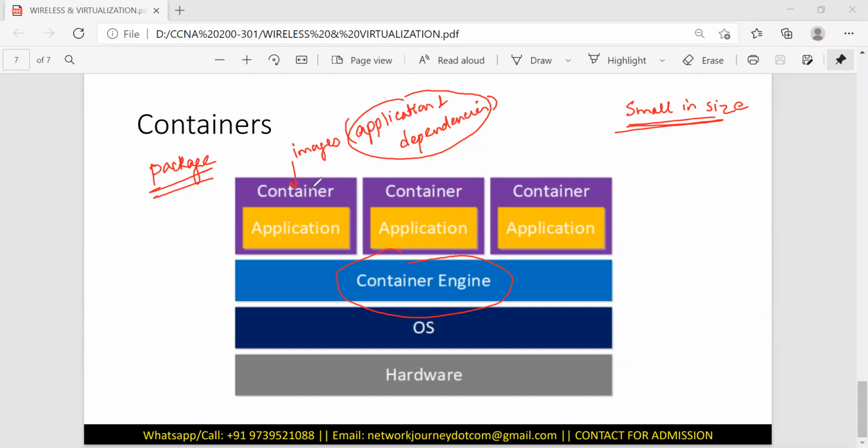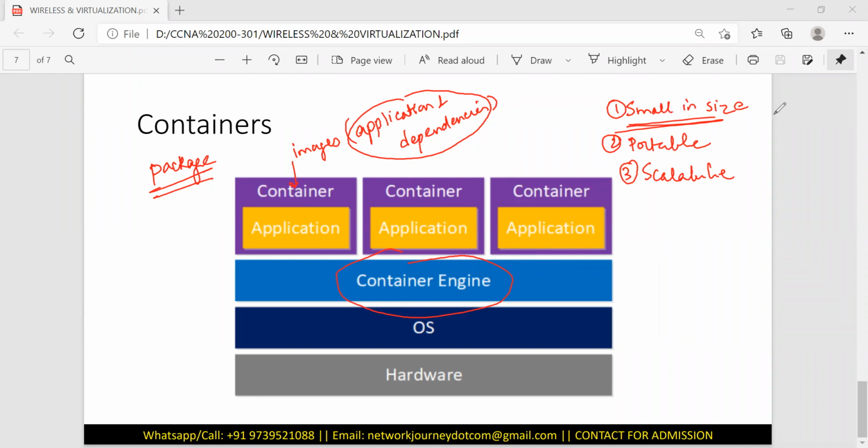Depending on the application, only that much amount of memory is required. You don't need any other memory. Apart from being small in size, they are quite portable. They are also highly scalable because you don't need to install different virtual machines. You can create as many container images as you want.